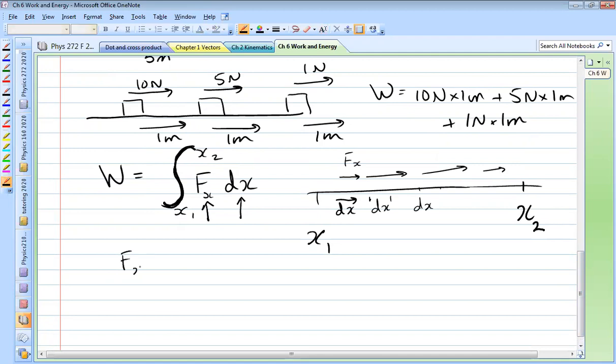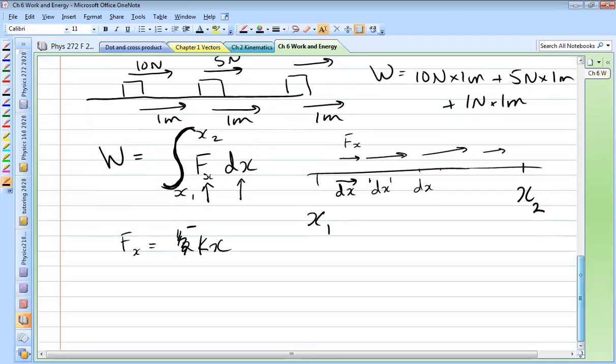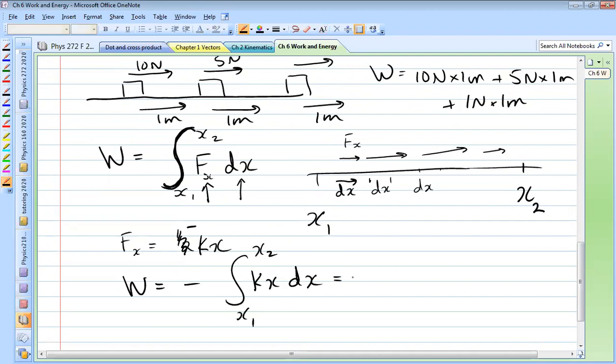If the force due to a spring is negative kx, then when you put that into the formula, the work done is the integral of negative kx dx between x1 and x2.